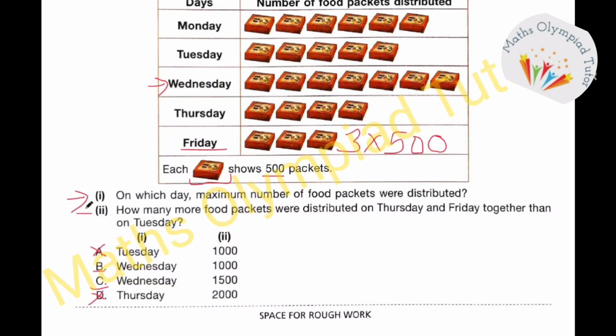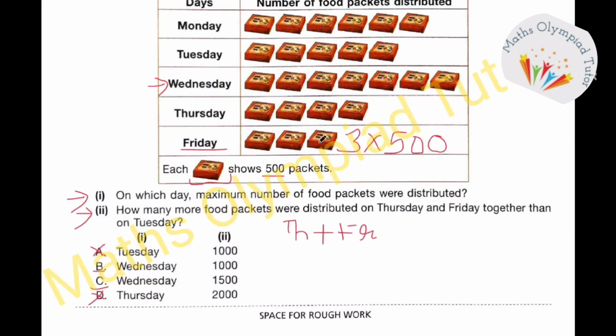Next says, how many more food packets were distributed on Thursday and Friday together than on Tuesday? Thursday and Friday, these 2 days we have to first check. On Thursday there are 4 pictures and on Friday there are 3.